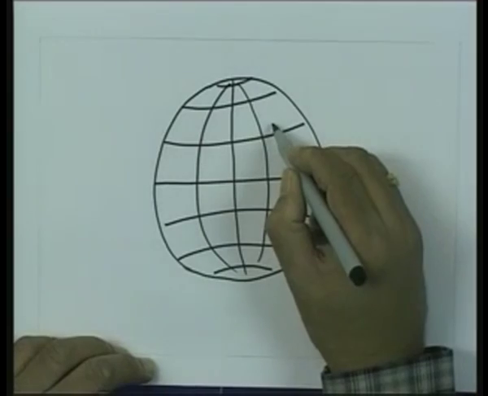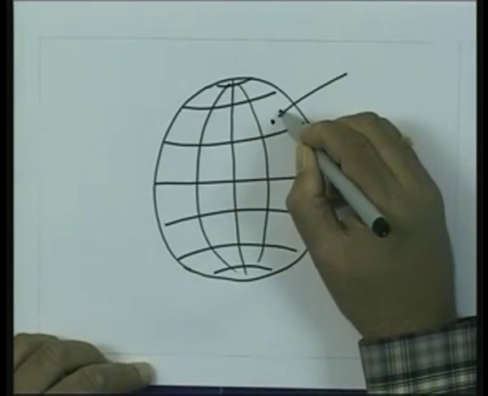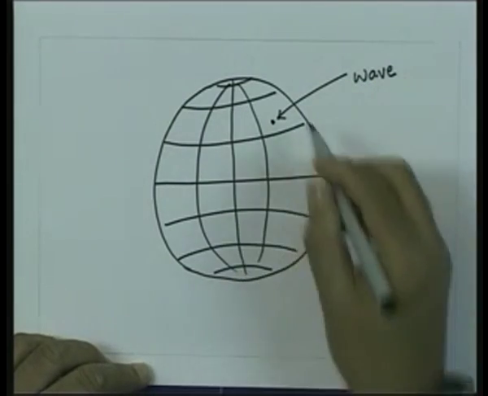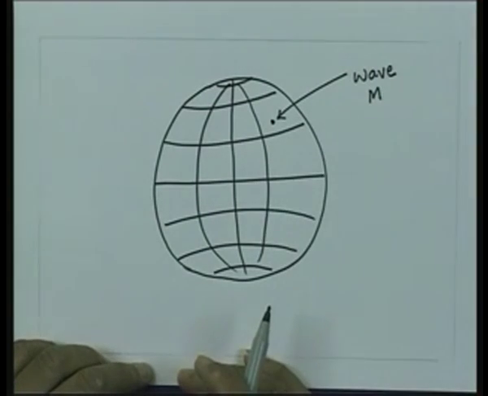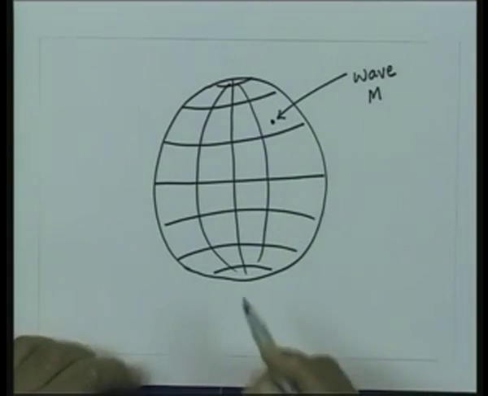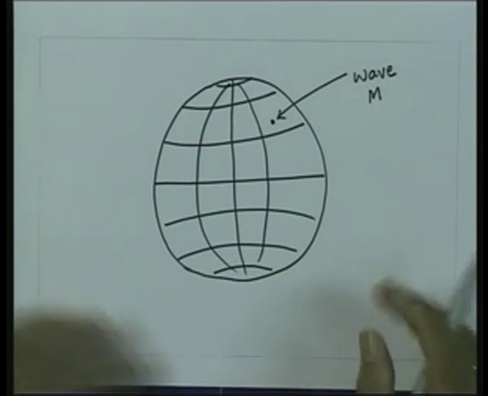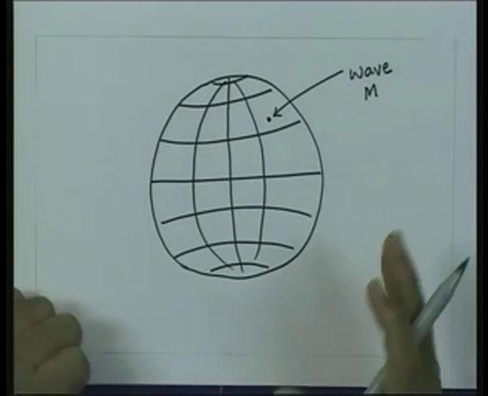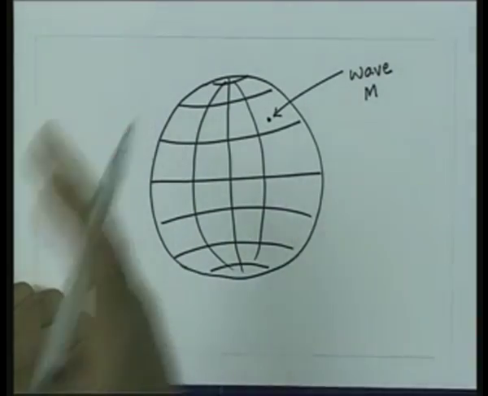Let us say I have some point here which represents the polarization of the wave. Let me denote this point as some point M. Let us say I have a system whose state of polarization is defined, and we already have said we define the state of polarization of a system as that polarization to which the system responds maximally.